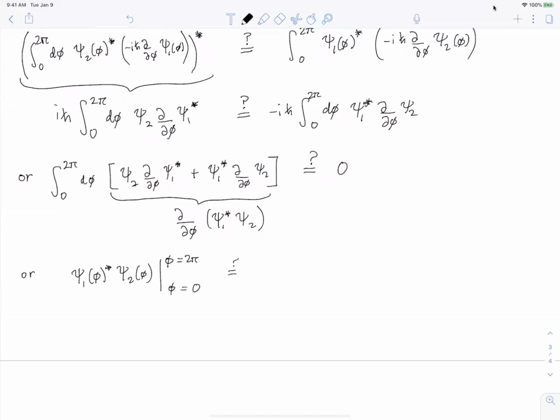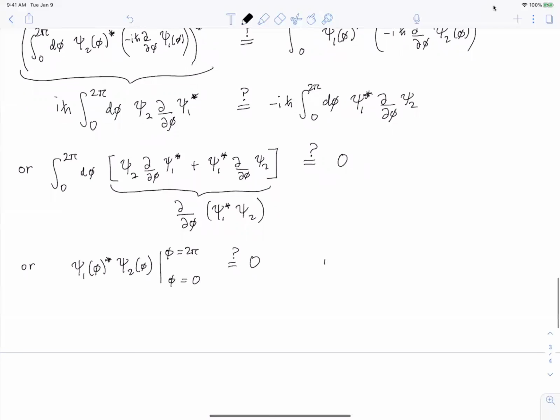We're asking whether that's 0. The answer is it will be if the wave functions are single valued. In other words, if when you go from 0 to 2 pi, the wave functions don't change. And so the answer is yes, L sub z is Hermitian.